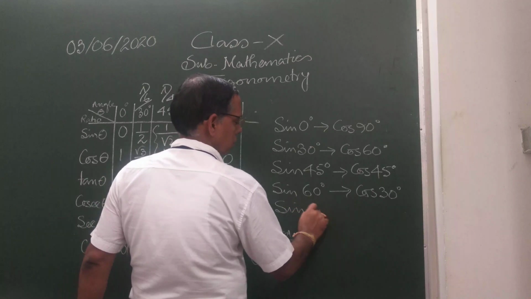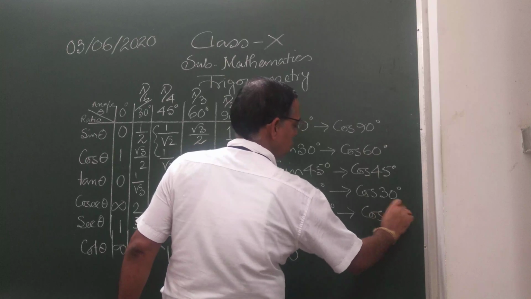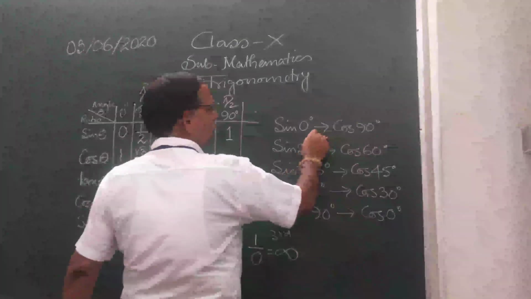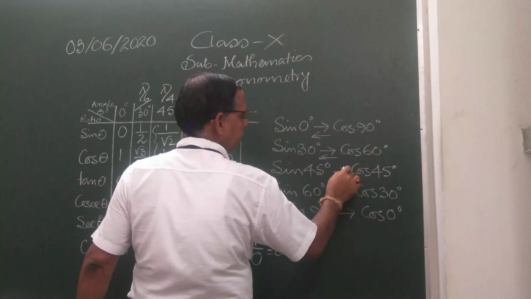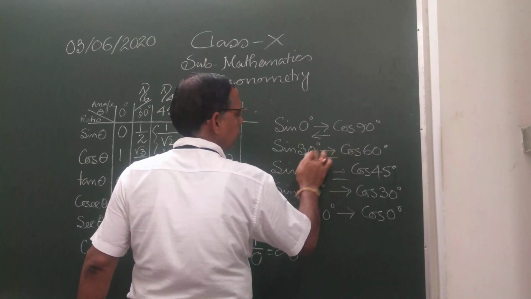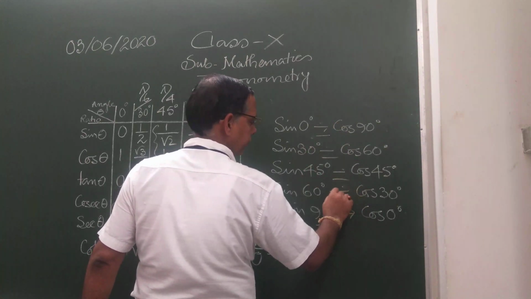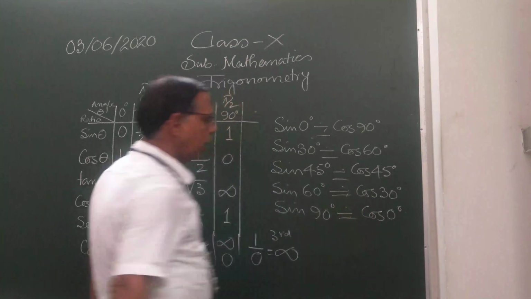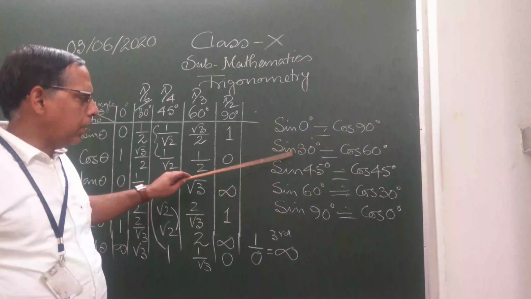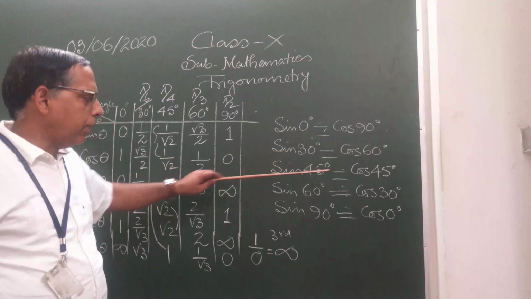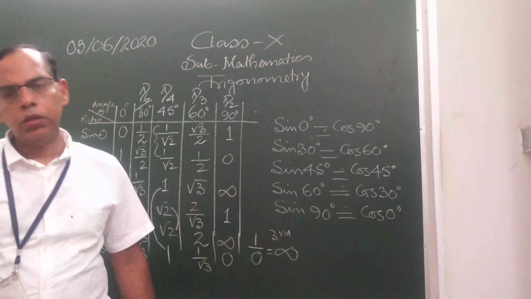Sin 90 degree, cos 0 degree. So vice versa. So better you give equal sign. Then it will be easy to remember. Okay? So this thing you remember, sin 0 degree, cos 90 degree, sin 30 degree, cos 60 degree, sin 45, cos 45, sin 60, cos 30, sin 90 degree, cos 0 degree.